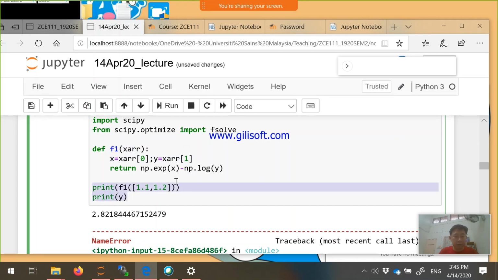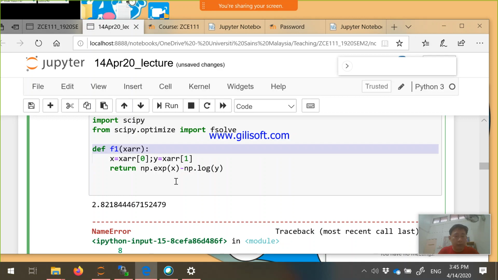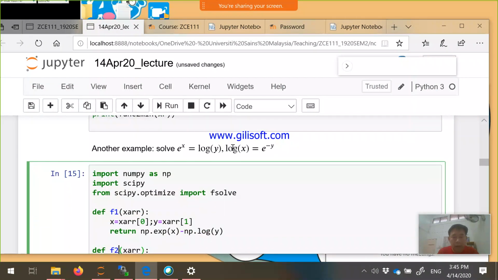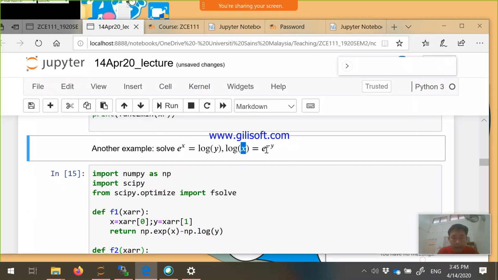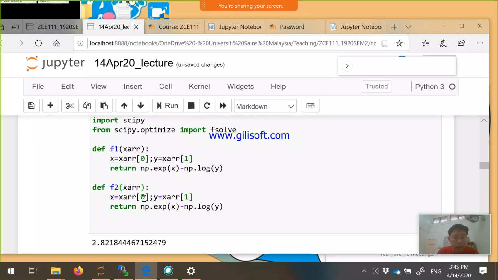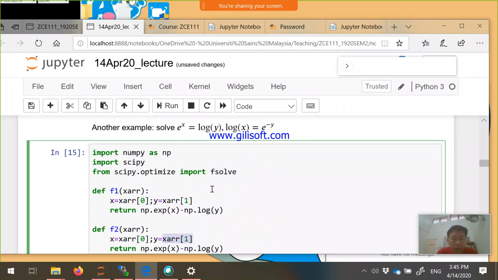Now I have finished defining my function f1. Then I'll define my function f2. Function f2 should be log of x minus e power minus y. So again this will be passed into f2. The first element in xarr will be called x, and the next element in xarr will be called y.